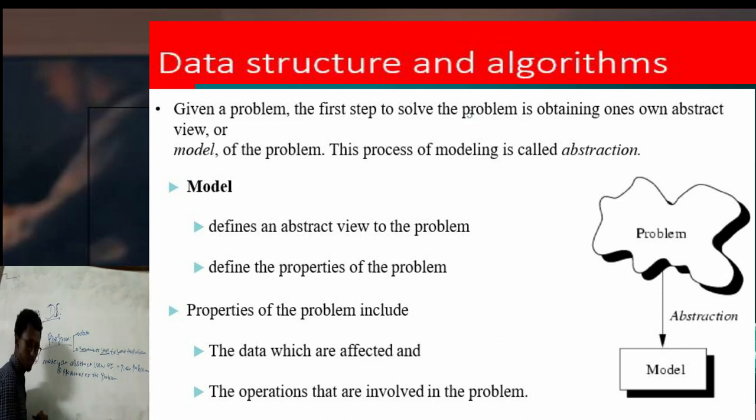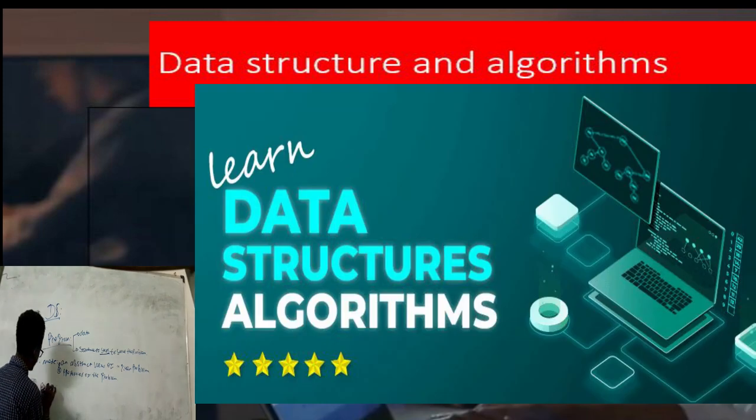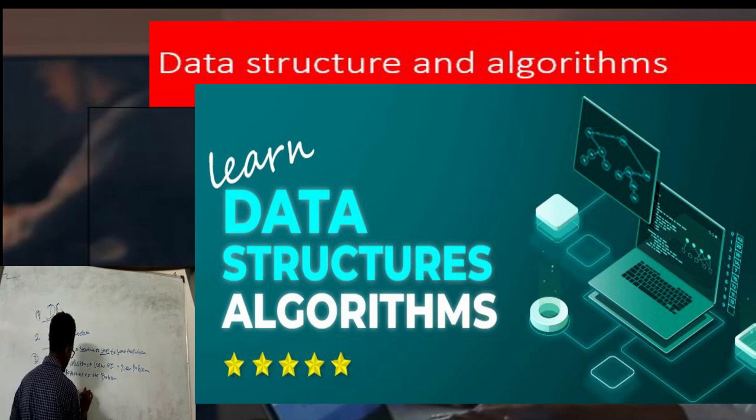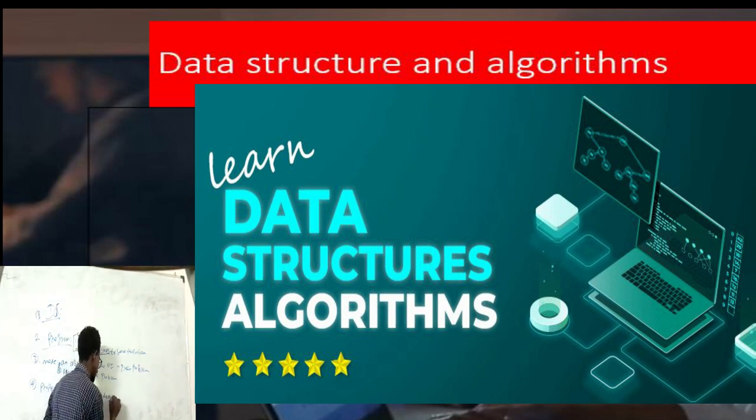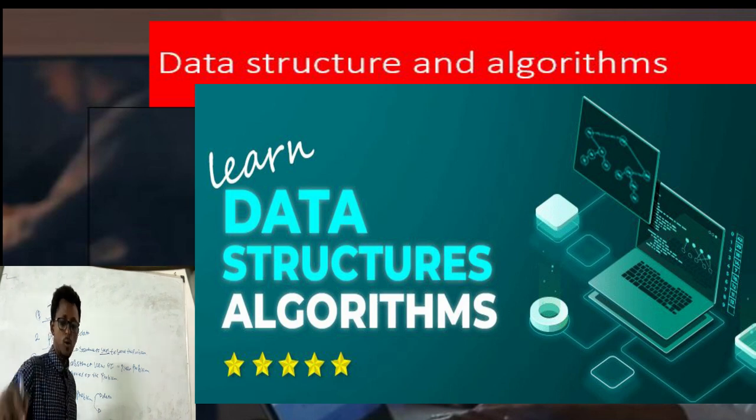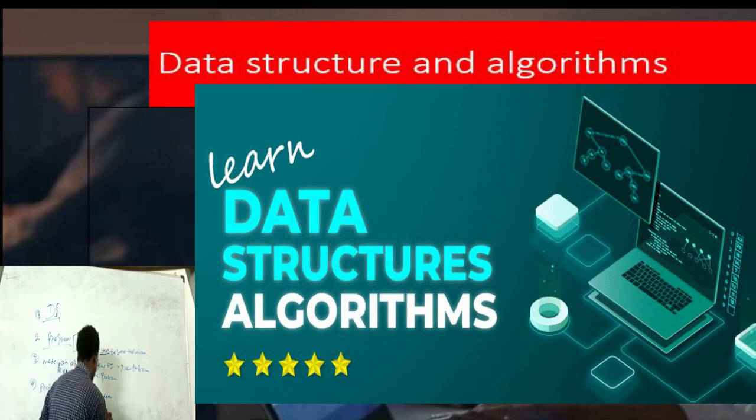So the properties of a problem contain two things. The first one is the data which is affected, and the second one is the operations that are involved in the problem.